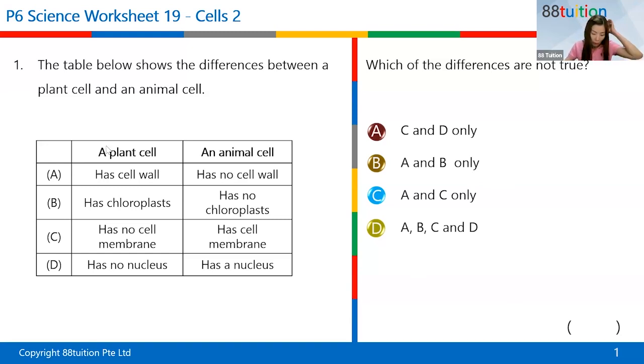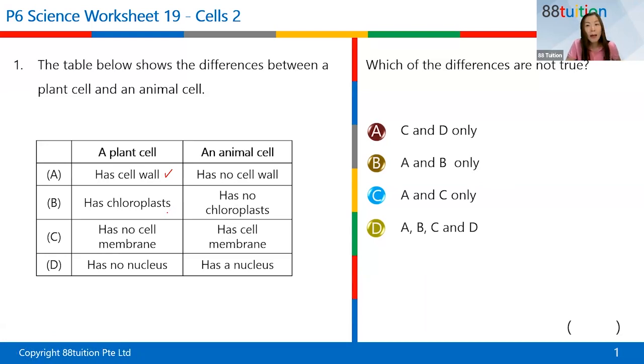Okay, so let's see. Let's run through the plant cell. There are differences between them, but I just want to focus on the plant cell first. If you look at the plant cell, does it have a cell wall? Is it correct? Yes. Does it have chloroplast? Do you think it has chloroplast? Yes, right?